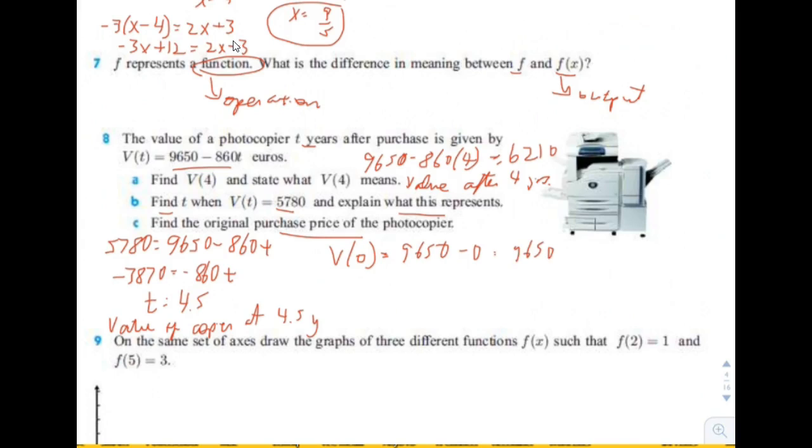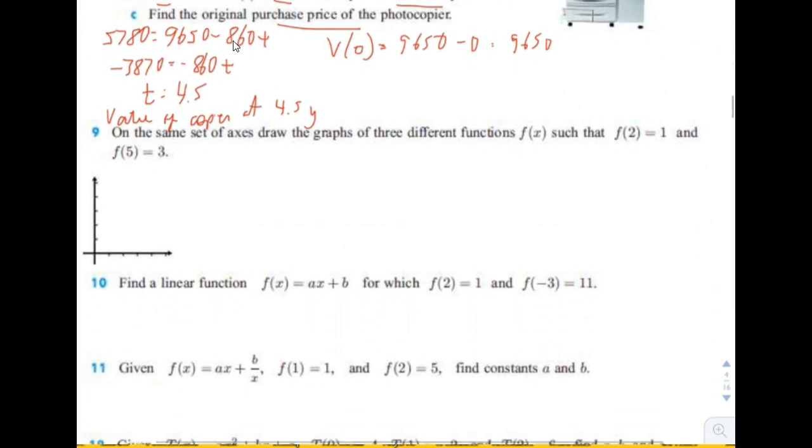Okay. Number 9. On the same set of axes, draw the graphs of three different functions f of x such that f of 2 equals 1 and f of 5 equals 3. Okay, so f of 2 equals 1, f of 5 equals 3, and we're going to draw three functions, one in each color, that all have the same 2 points.